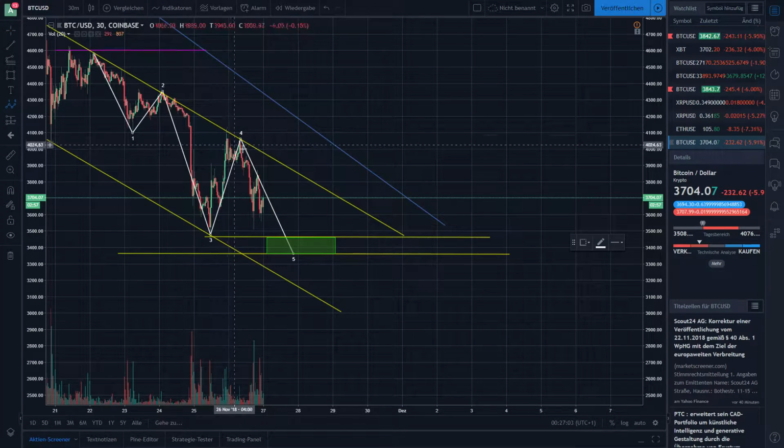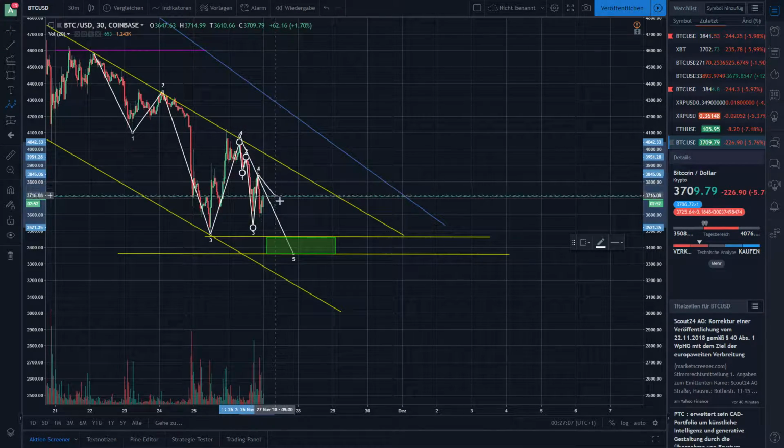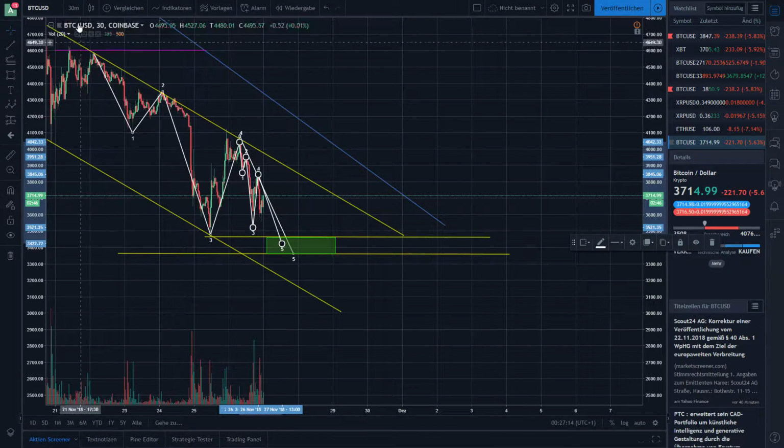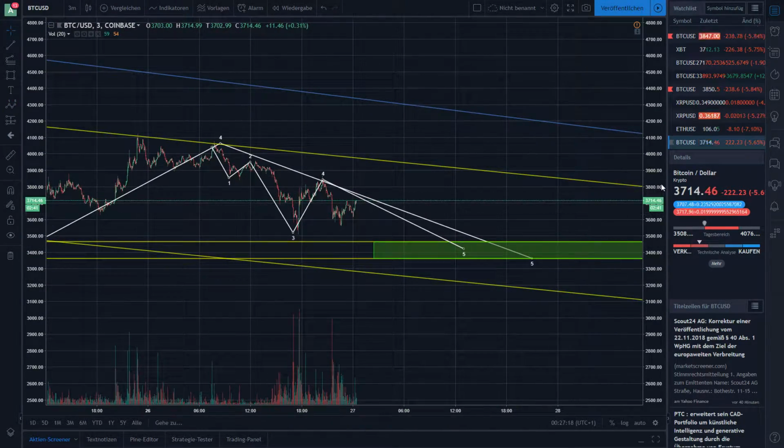If you look at the subwaves here, I see this is 1, 2, 3, 4, and now it's 5 coming down. You can go to a smaller time frame to see how the last 5th wave is looking.